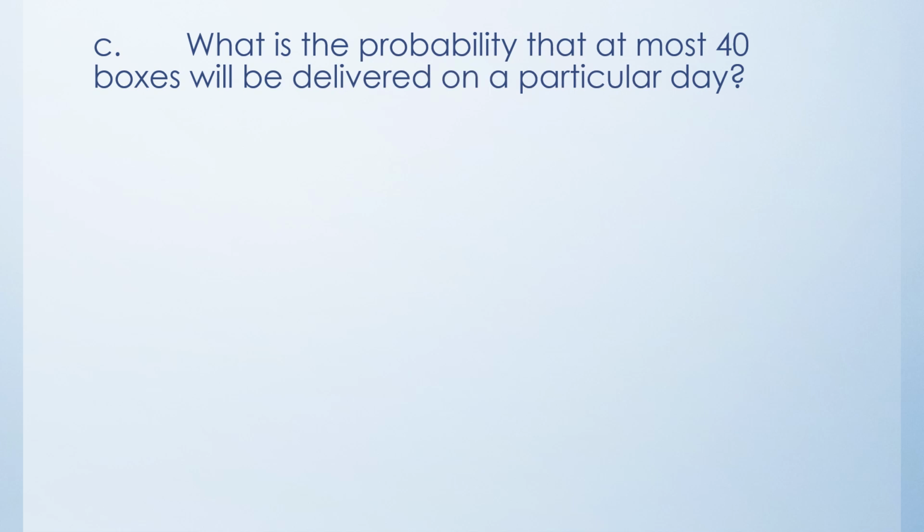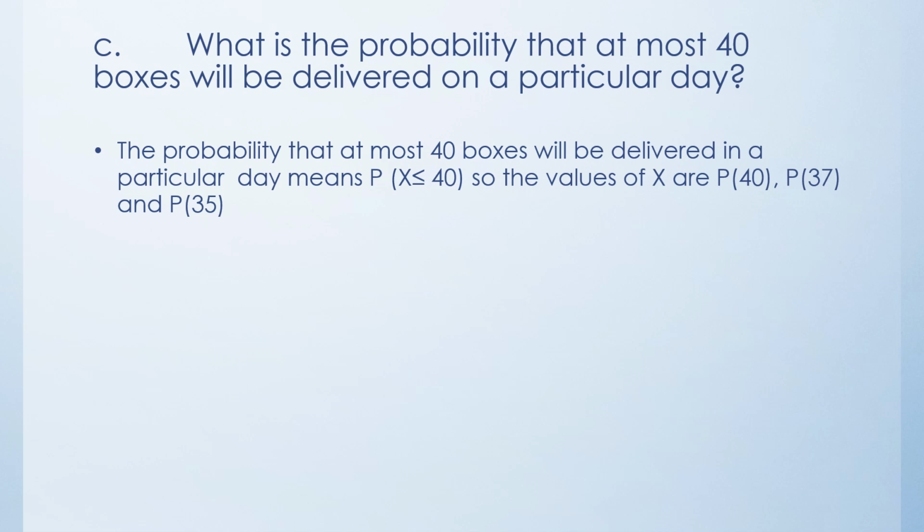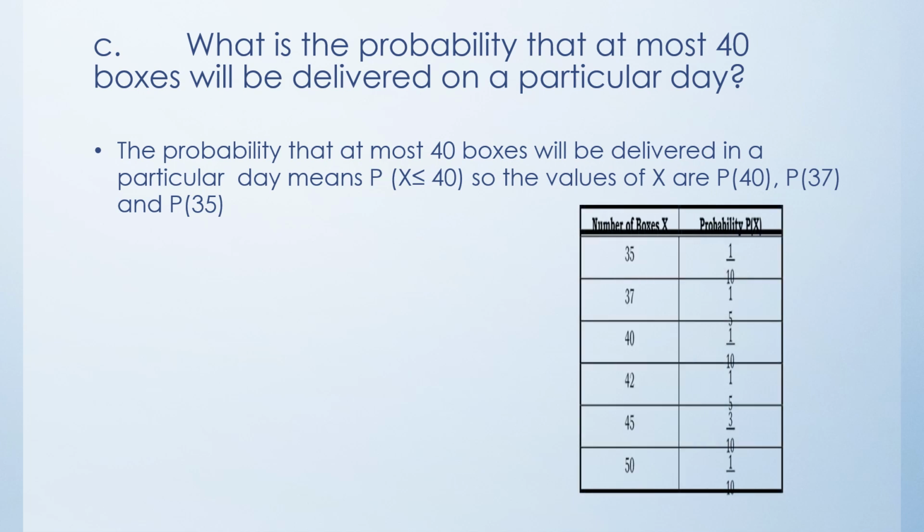Letter C. What is the probability that at most 40 boxes will be delivered on a particular day? The probability that at most 40 boxes will be delivered in a particular day means probability of x is less than or equal to 40. So, the values of x are 40, 37, and 35.